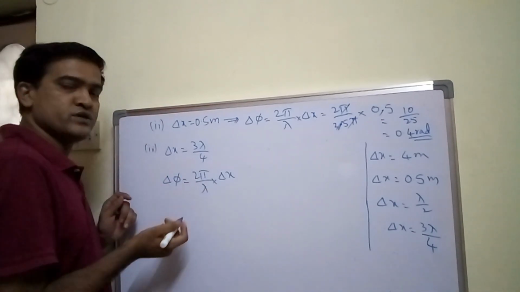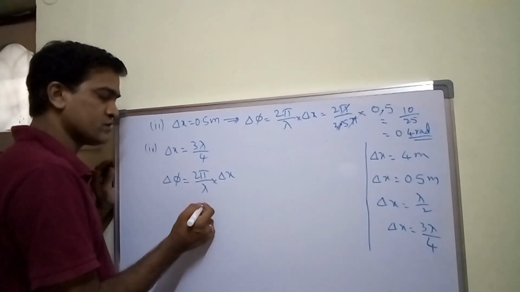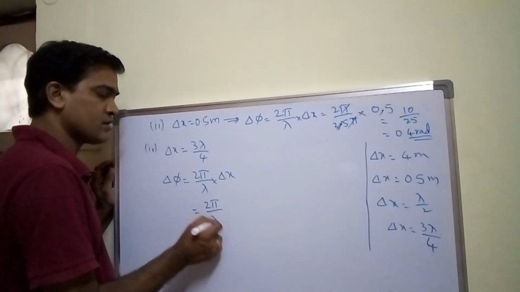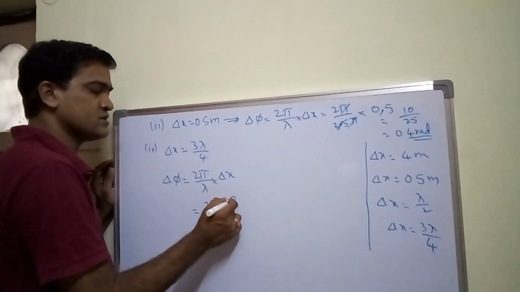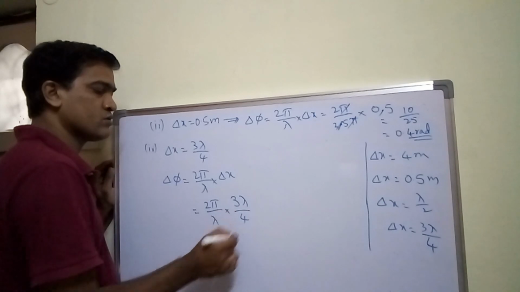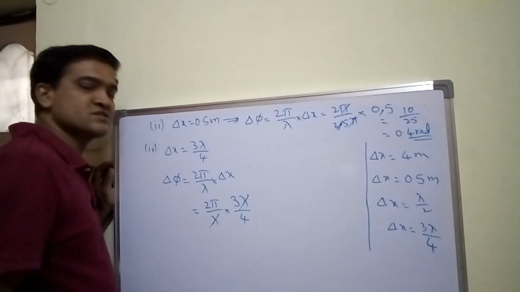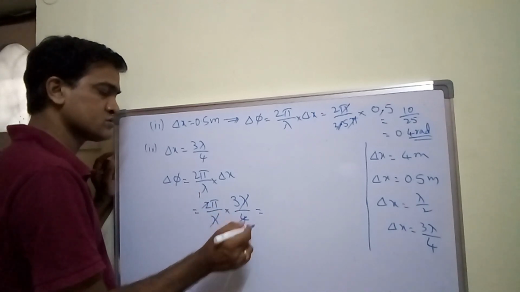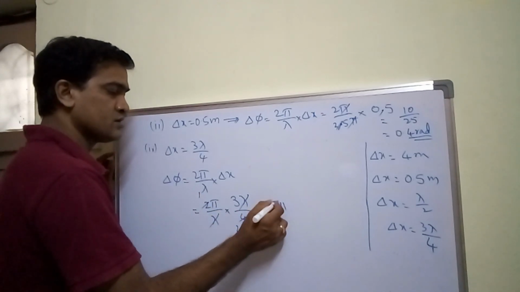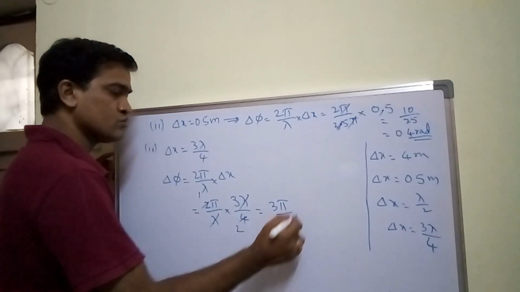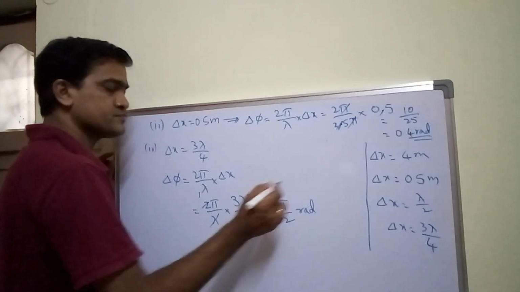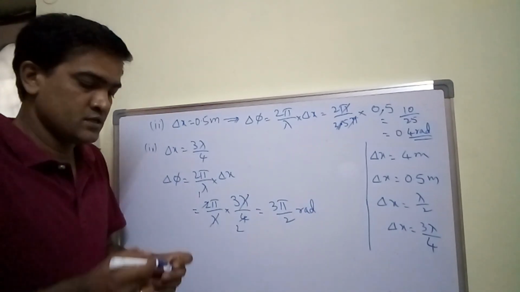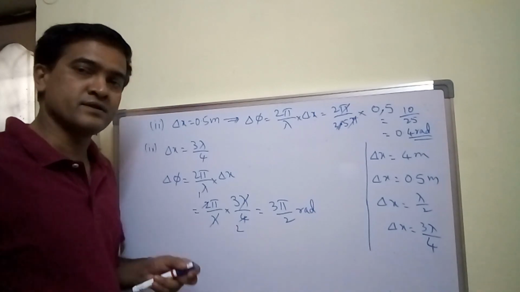So no need to convert. So directly what you do is 2 pi upon lambda into delta x is 3 lambda by 4. So that lambda gets cancelled, and 2 ones are 2, 2 twos are 4, which comes out to be 3 pi by 2 radian. So this is the answer, right?